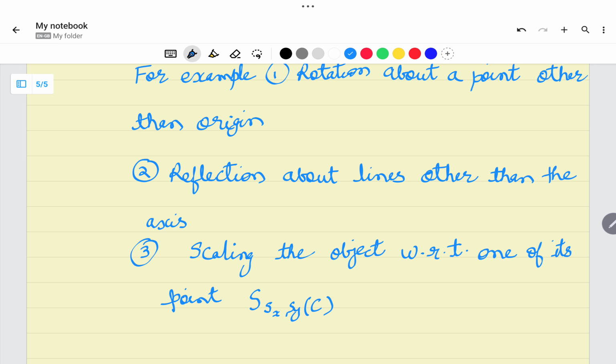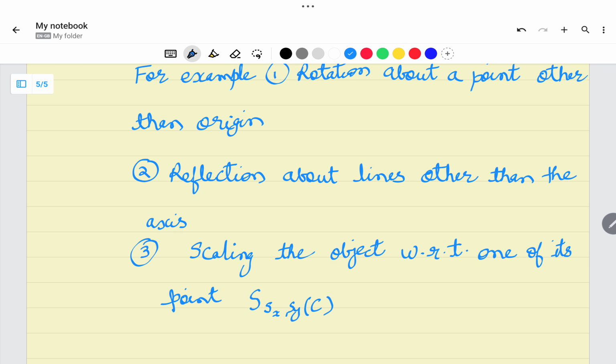We want the center to remain in the same location as the previous location, but the object should be scaled along x and y direction. That is the meaning of this. It won't happen in a simple transformation. We have seen that when we do scaling, all the points of the object are shifted. So scaling is itself a composition of translation and scaling. It is not a simple transformation. So if we want to keep the center fixed, then first we will translate the complete object along with the center to the origin, then scale it with respect to origin, and then translate it back to the original position. So it is a composite transformation.